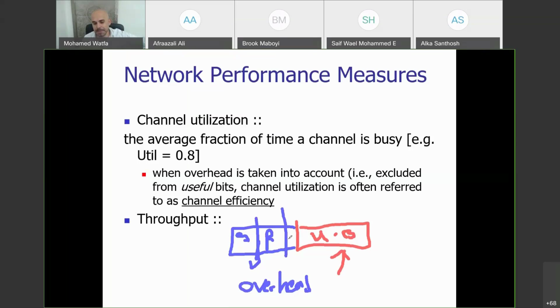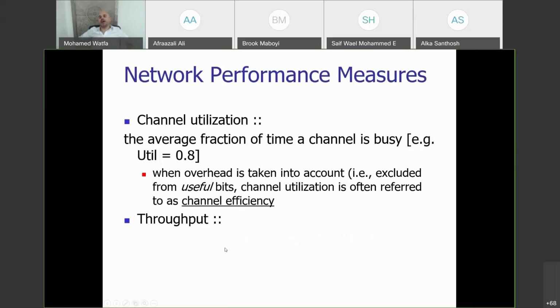Maybe a checksum, something that we add to make sure there's no mistake in my message, something for security. A lot of information. This is what we refer to as the overhead. My message is this, and these are what we refer to as overhead. Now, if I take overhead into account, so I exclude it from the useful bits, then we are looking at efficiency. If I don't, if I look at the whole thing, then it is considered utilization. Okay?